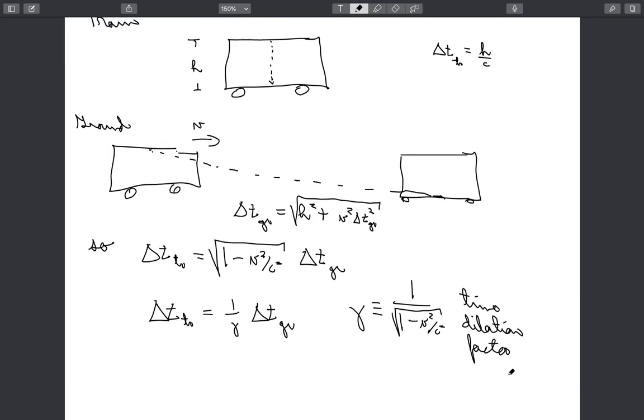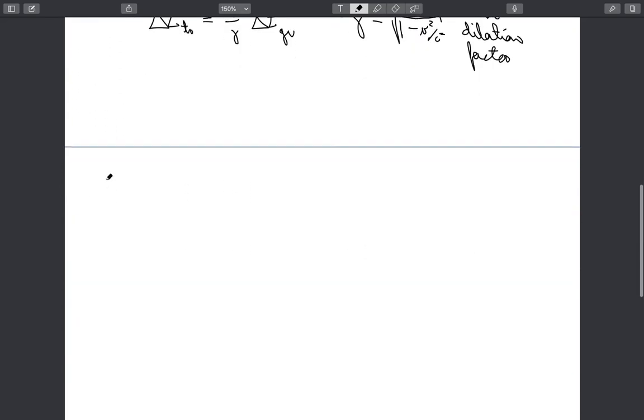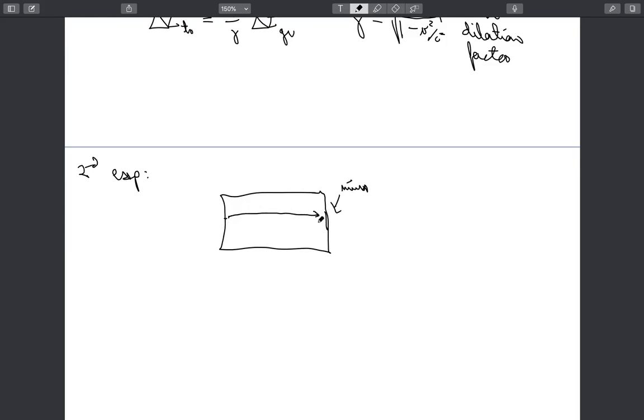Now, we can also do a second experiment. Now, what our friend on the train is going to do is put a mirror on one side, send a light pulse that will travel, hit the mirror, and come back, and measure the time that that takes.